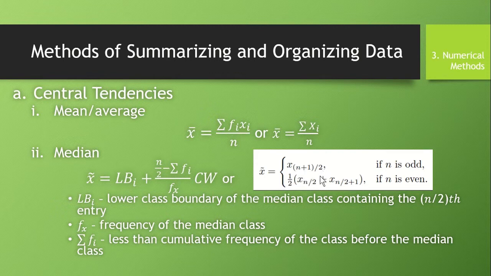So if our n is 41, that's 41 plus 1 over 2, so that's 42 divided by 2, which is 21, which means the 21st data will be our median. However, if n is even, then we'll have to get the average of the n over 2 and the n over 2 plus 1 data.